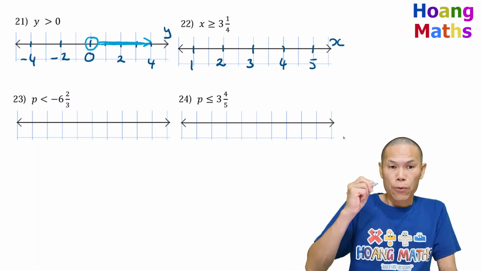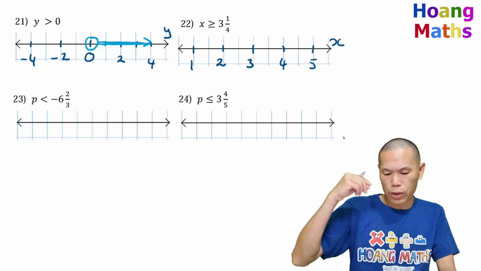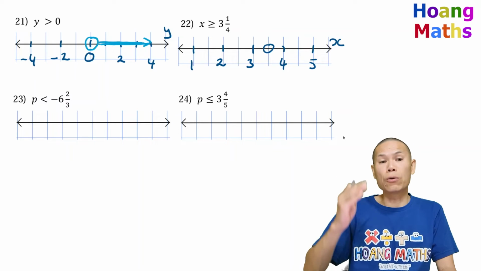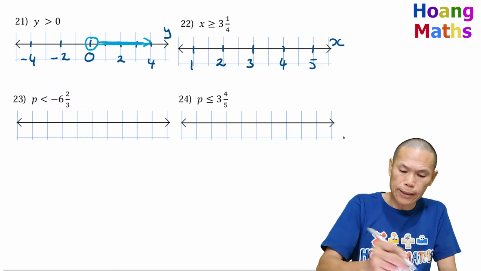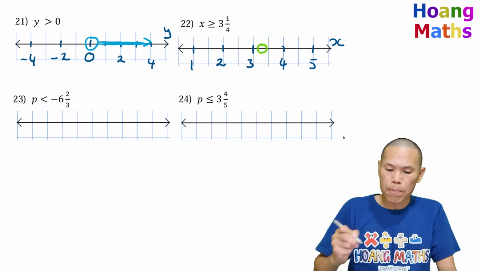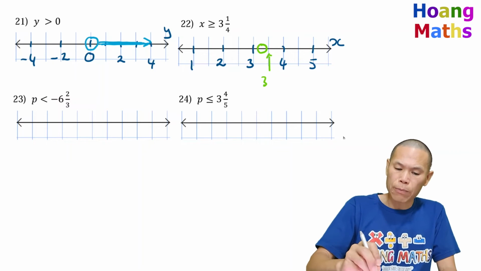Now, remember, we circle 3¼. Of course, we cannot do exact, which is roughly 3.5 here. So before 3.5, half of that, roughly here. So that means 3¼, because halfway here is 3½. So keep that in mind.